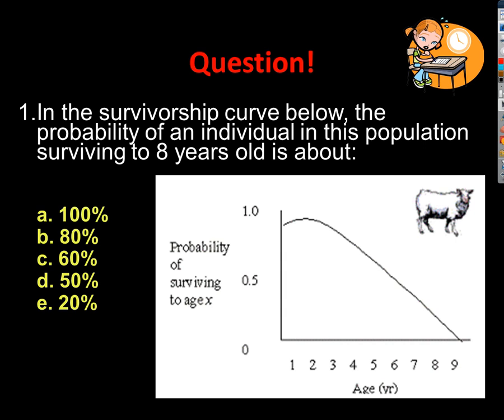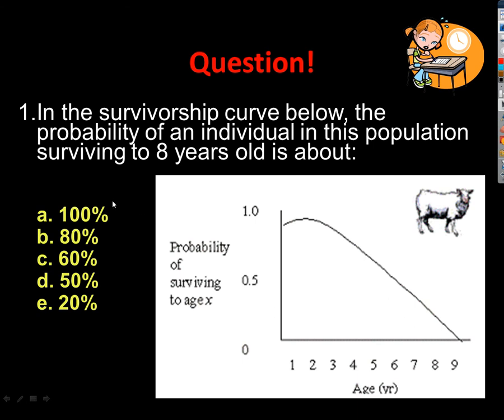In the survivorship curve here, the probability of an individual in this population surviving to 8 years is just about what? We're at 8 years here. So what do you approximate the percentage being? We see the curve doing what? As the older the animal gets, the curve is going down.